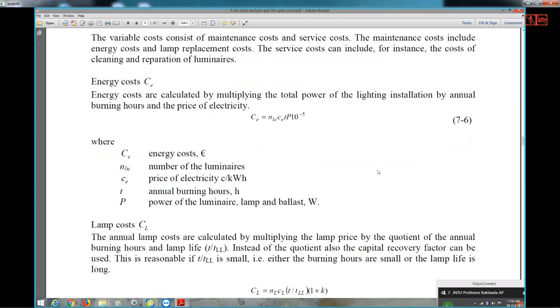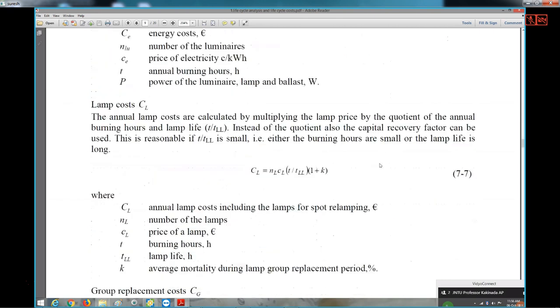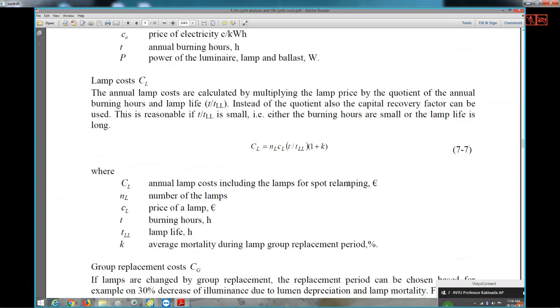Now the lamp cost CL is calculated as NL into CL into T by TLL into 1 plus K. Now CL is the annual lamp cost, NL is the number of lamps, then CL is the price of the lamps, as per India in rupees, T is burning hours in hours, then TLL is the lamp life cycle, expressed in hours.